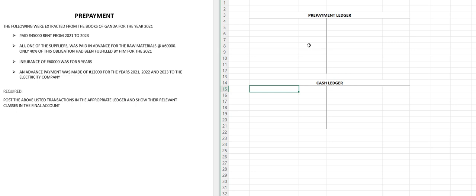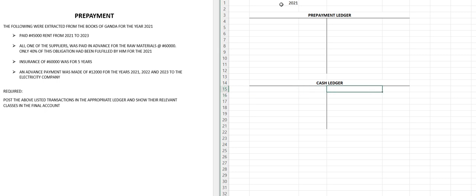The first line says paid 45,000 naira rent from 2021. We are preparing an account for Ganda for the year 2021. So first thing, you come to cash.